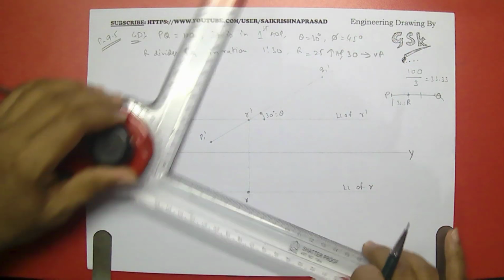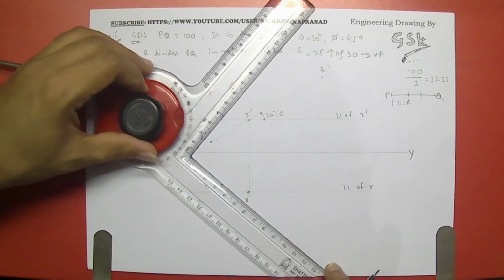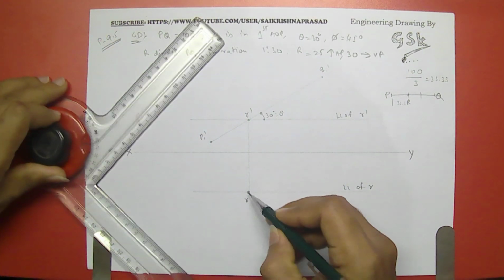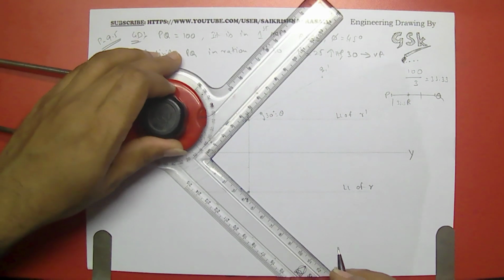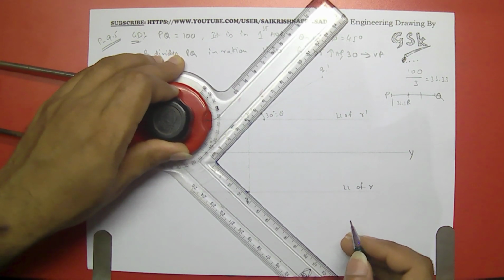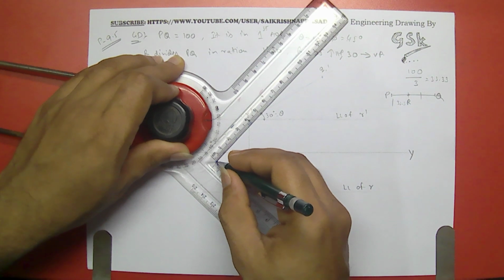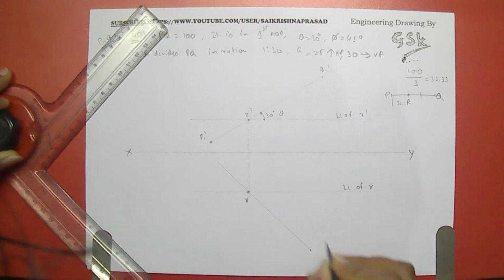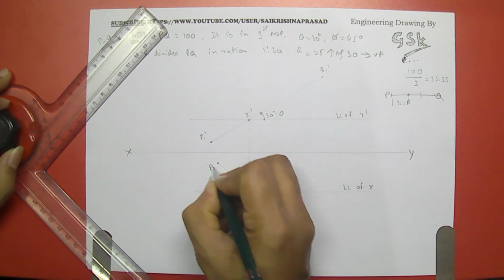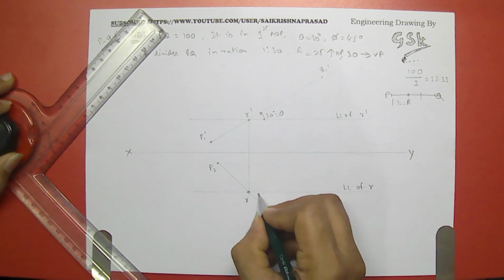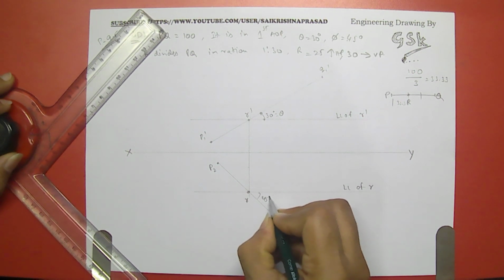And next phi, I'll be taking the phi 45 degrees, and I'll draw from here, same, making 33.3 over there. This would be P2 and this would be Q2. Okay, and this is 45 degrees from here.